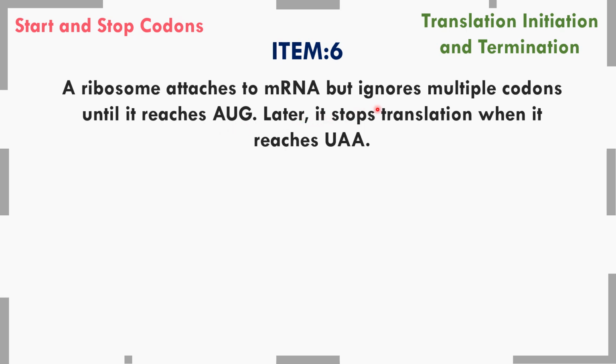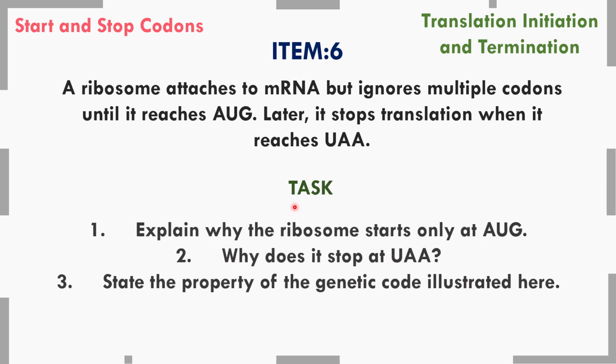Later, it stops translation when it reaches UAA. Task. Explain why the ribosome starts only at AUG. Why does it stop at UAA? State the property of the genetic code illustrated here.